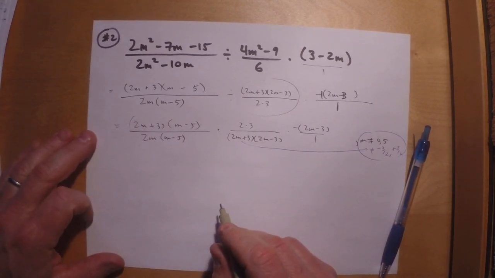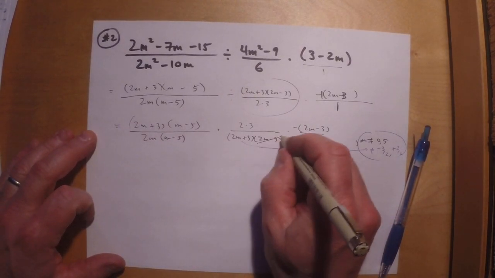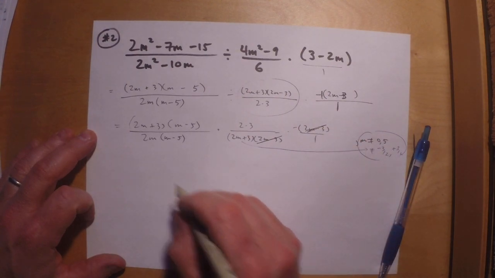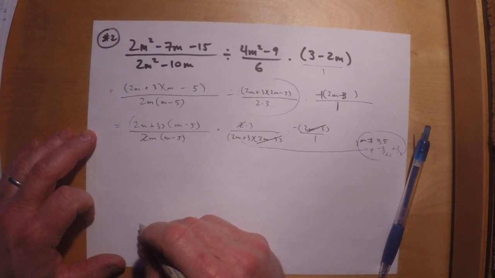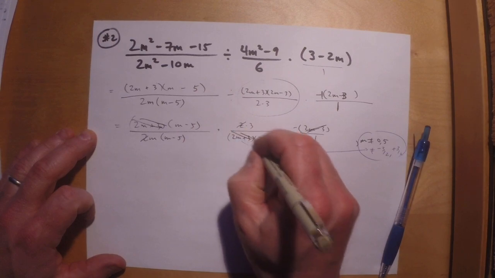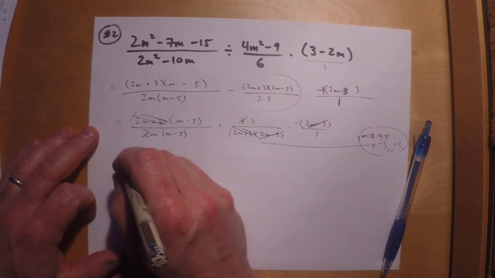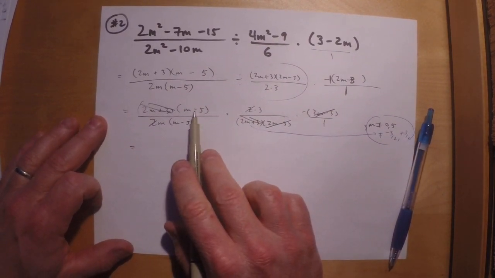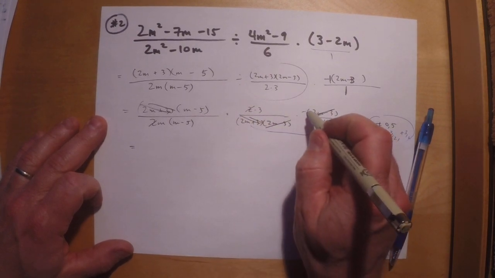What cancels? 2m minus 3's, a 2, a 2m plus 3, and I think that's all she wrote. On the numerator I'm left with this, this, and a negative 1.